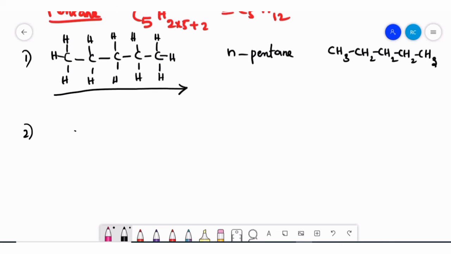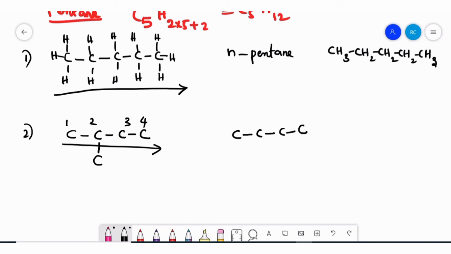In the second structure we write 4 carbon atoms in the straight chain, and the fifth carbon we put on the second carbon as a substituent. So the structure will be 1, 2, 3, 4, and this is the fifth carbon.